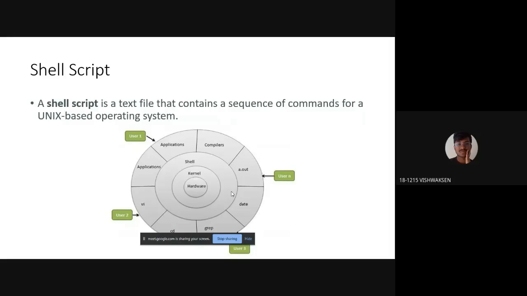Windows is a graphical user interface, and Linux is based on command line interface. Okay, very good.